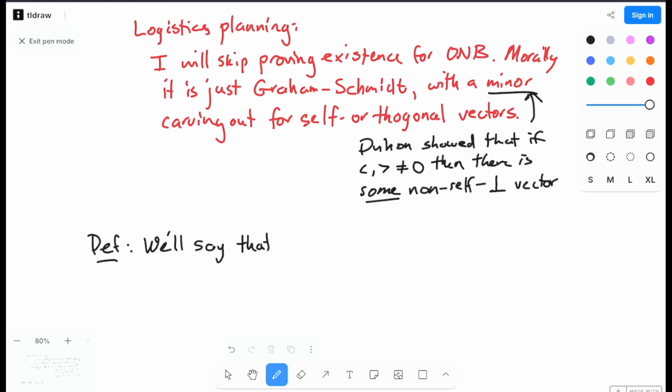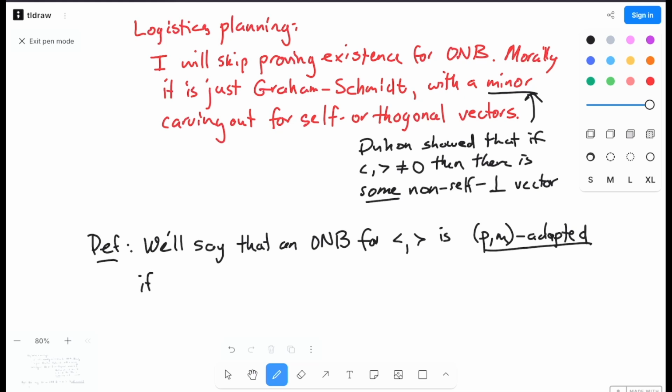We'll say that an orthonormal basis for a form is PM adapted if it's got some number of things here, b1, and so on, up to b p plus m, and b p plus m plus 1.